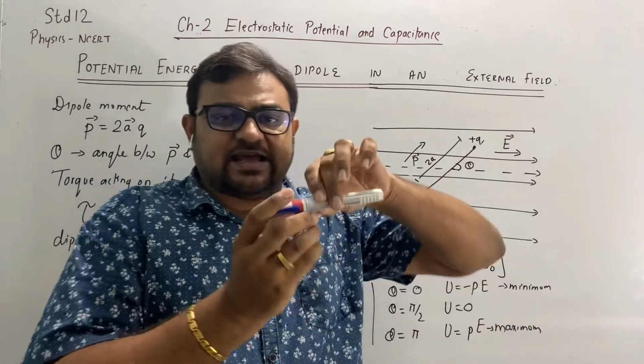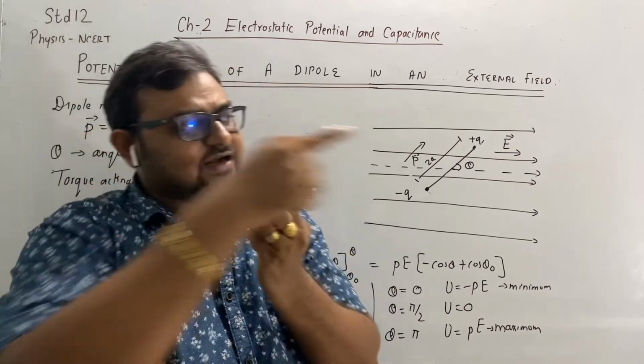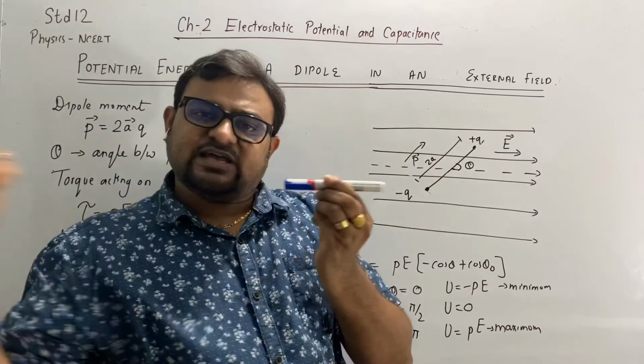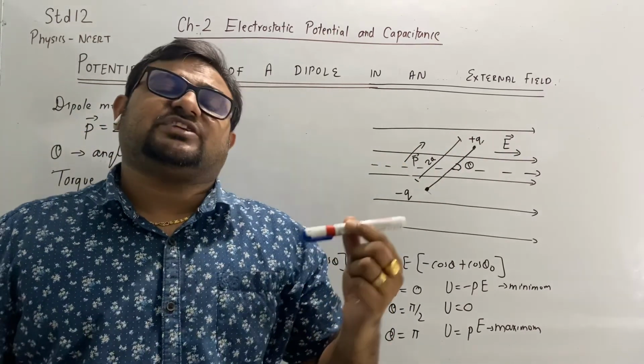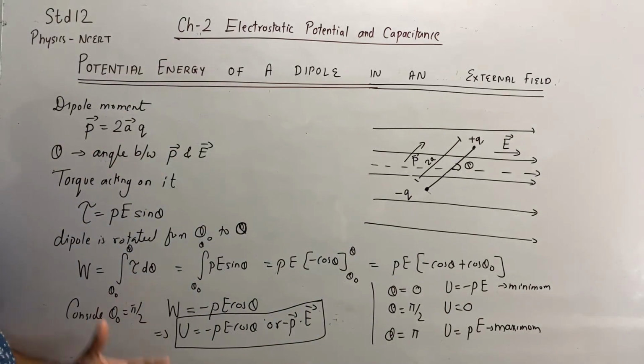This is positive, this is negative. The positive charge will experience force in that direction, and the negative in this direction. So this is the most unstable position. Okay? So this was about potential energy of a dipole in an external field. Just note down this topic.